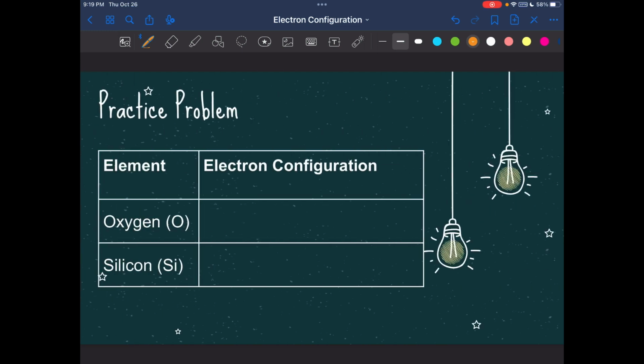First thing first, what I would like you guys to do is go onto your periodic table, okay? Go onto your periodic table, which I'm also going to open up for myself. And I want you to figure out, where is oxygen?